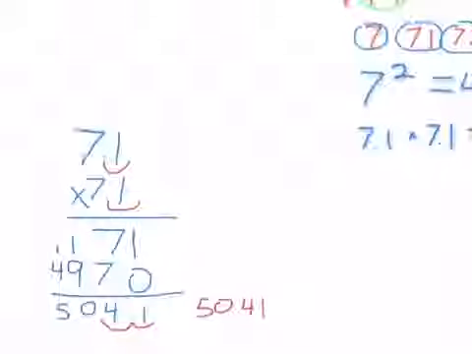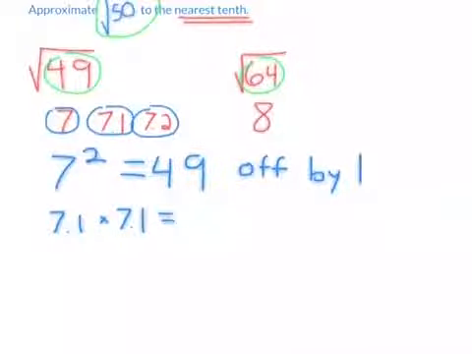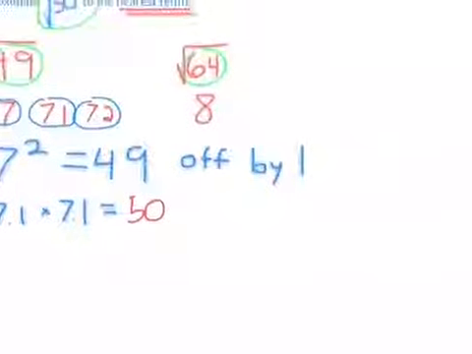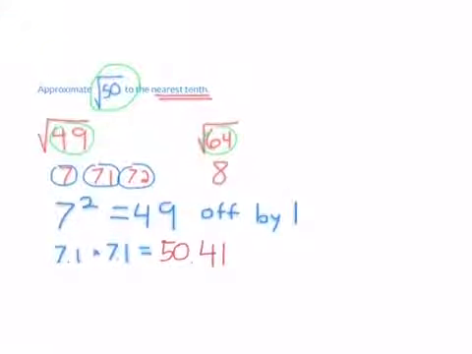That means this is equal to 50.41. All right, so let's go back here. 7.1 times 7.1 we said was 50.41. So this one's too big, because remember we're trying to see what's the closest we can get to 50.